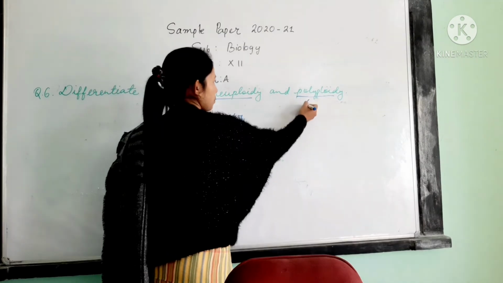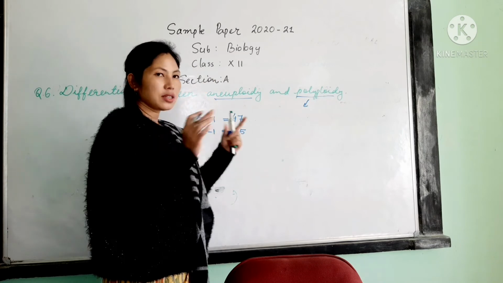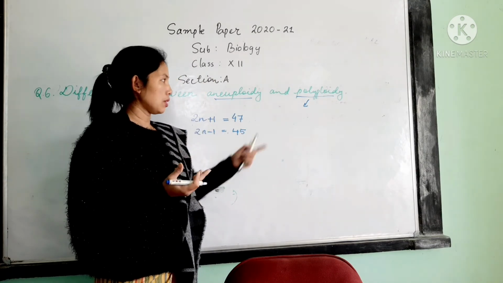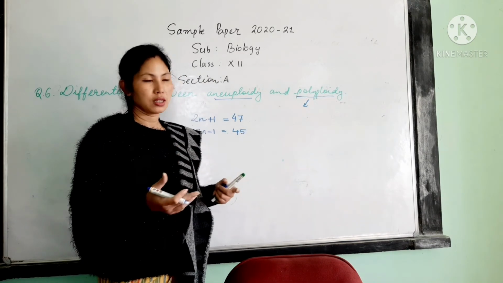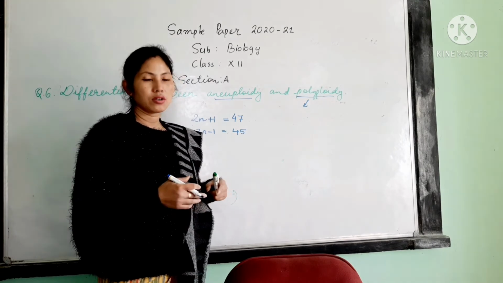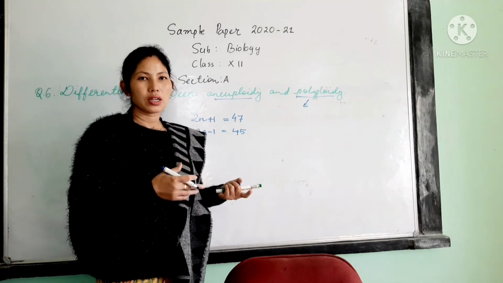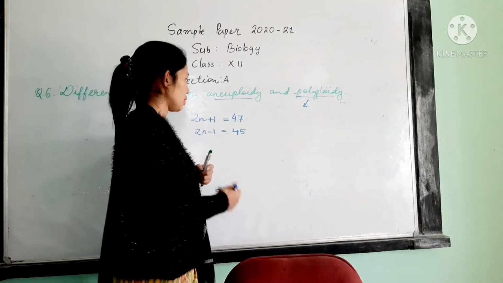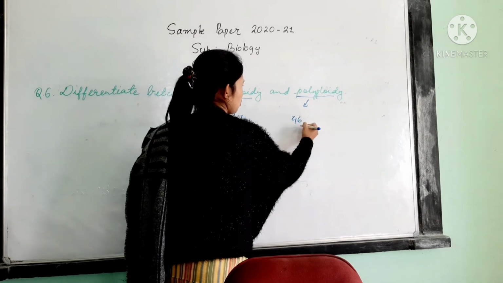Whereas polyploidy is when the entire set of chromosomes is doubled. That's why poly means many. For example, prior to cytokinesis, the number of chromosomes is doubled.